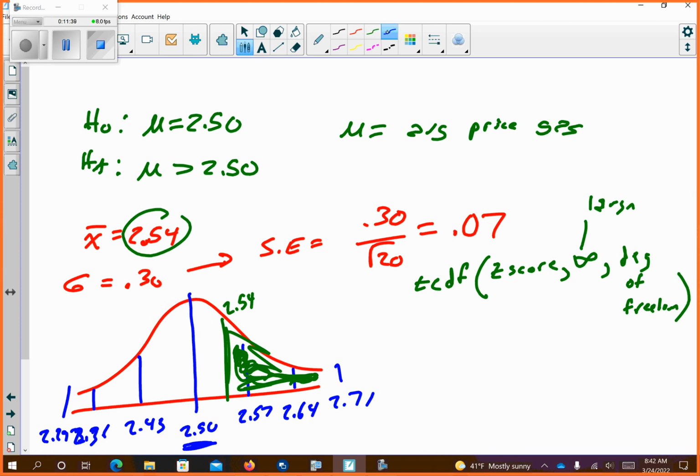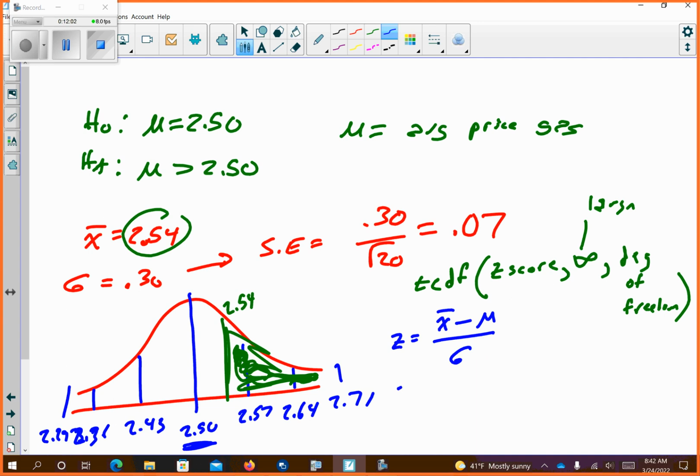Now, once you know what these are, it's not hard to plug into the calculator. So how do I find the Z-score? Does anyone remember how to find the Z-score? It's going to be over our standard deviation.